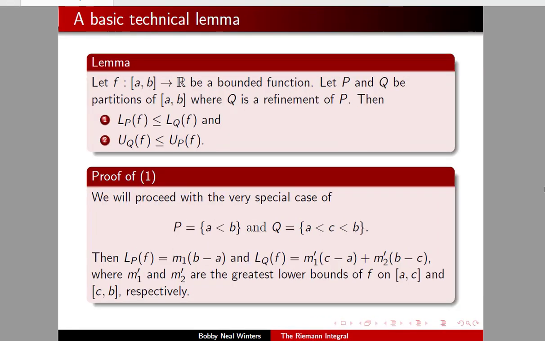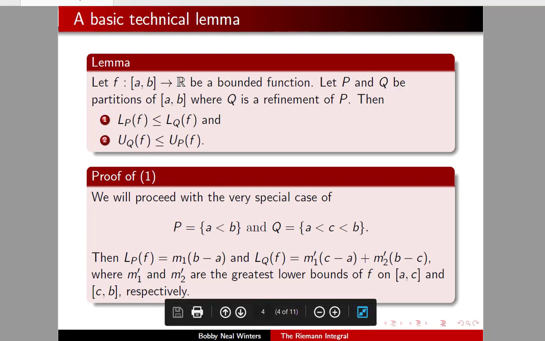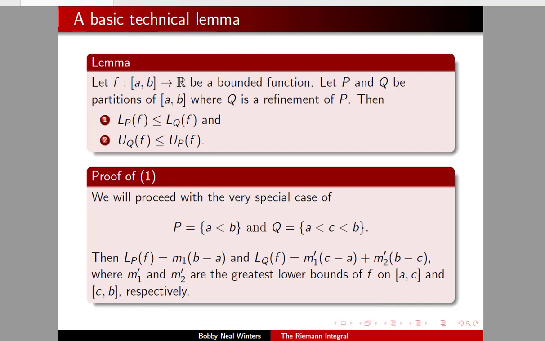Okay, we will now prove one, and we'll start by doing a very special case. We'll start where P is just the partition consisting of the endpoints, and Q is obtained from P by adding one point in the interior.